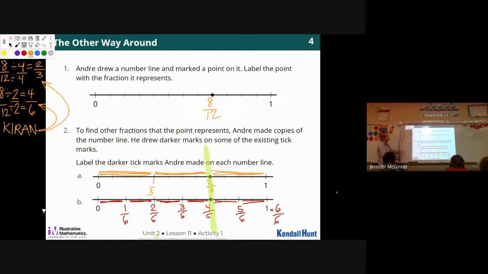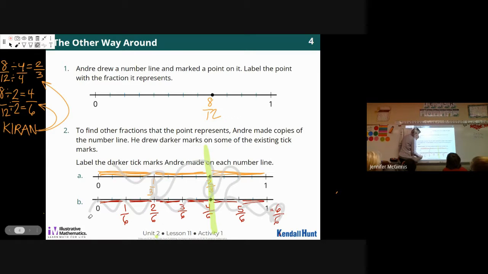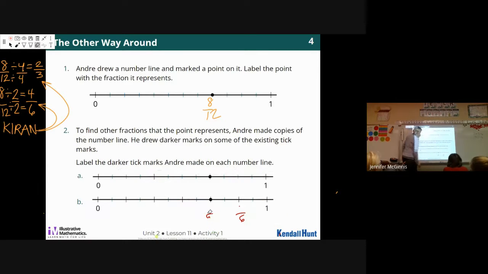All right. So Chiron is using division. How do Chiron's division sentences and Andre's number lines kind of match up? Let me erase some of this stuff so you can get a better look.